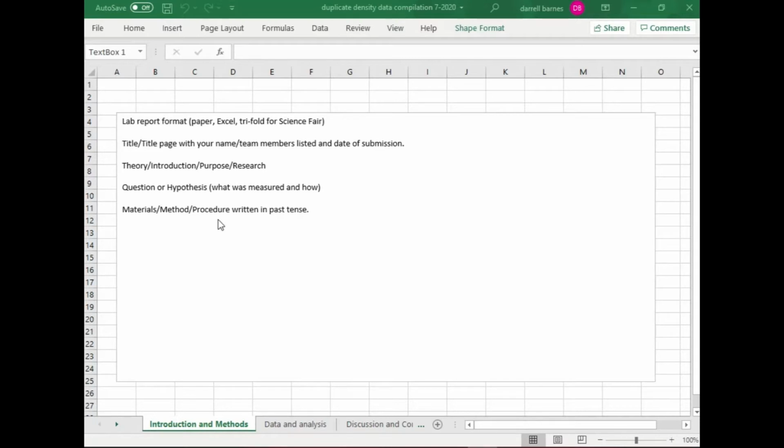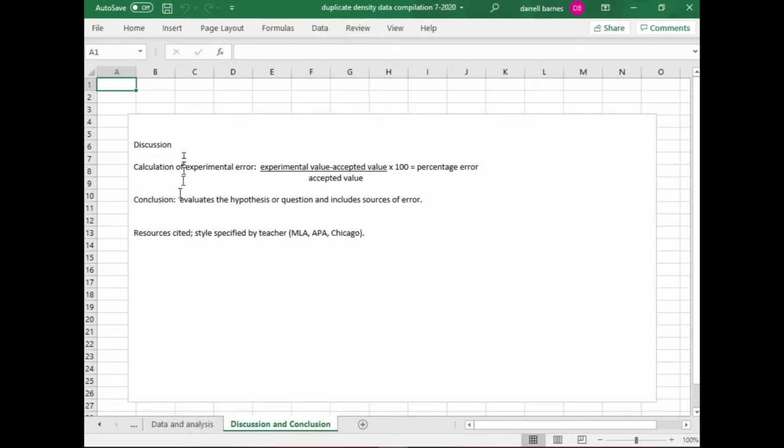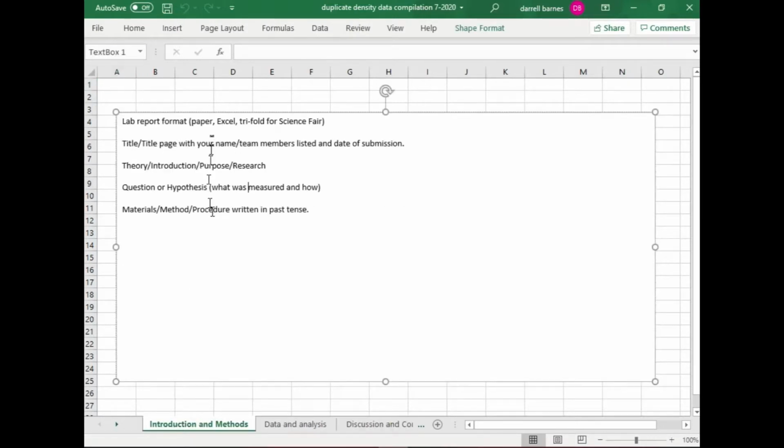In this draft, what I want to do under every topic, title, theory, introduction, question, materials, discussion, conclusions, and the like, is to just simply write 2 to 3 sentences under every topic, put placeholders in as needed, and in draft 2 I think I'm going to add some pictures, and in draft 3 maybe a little bit more content, pictures, and then that would be a great time for a peer review.